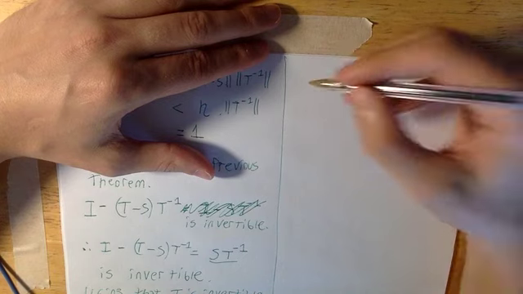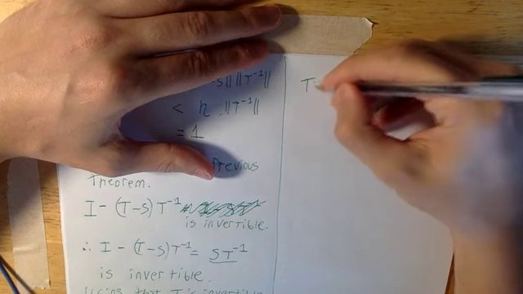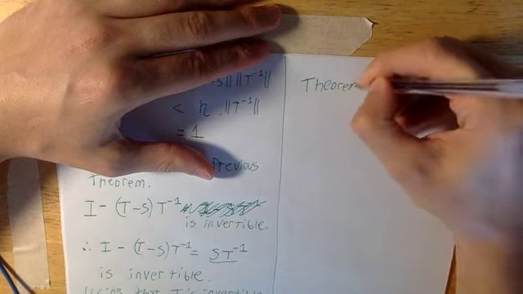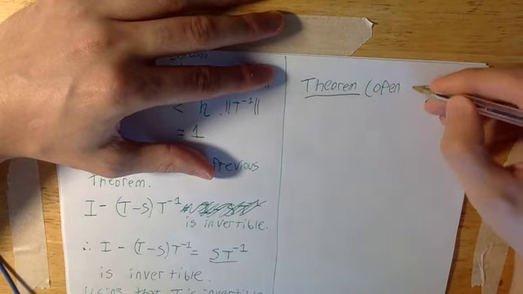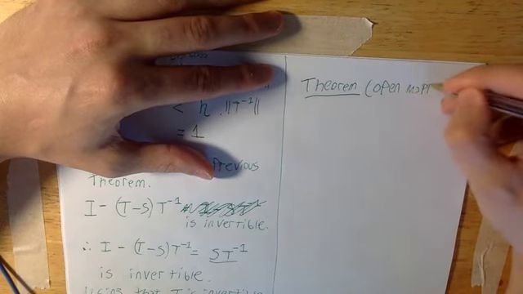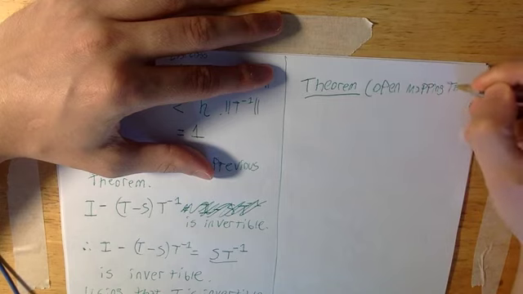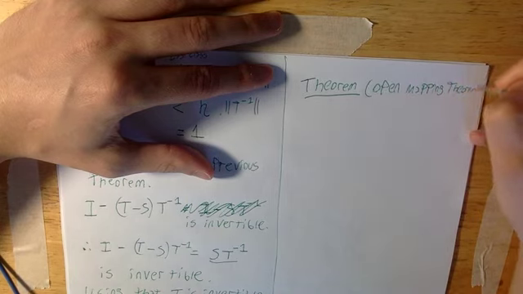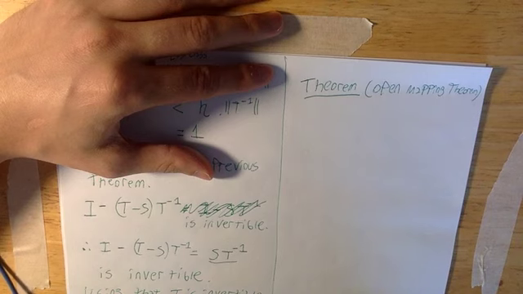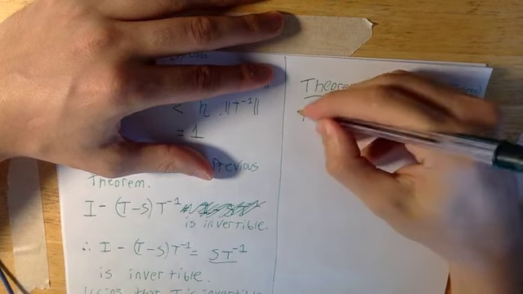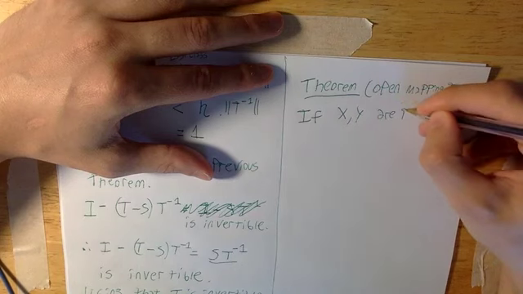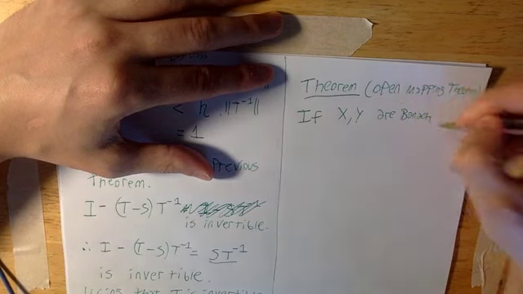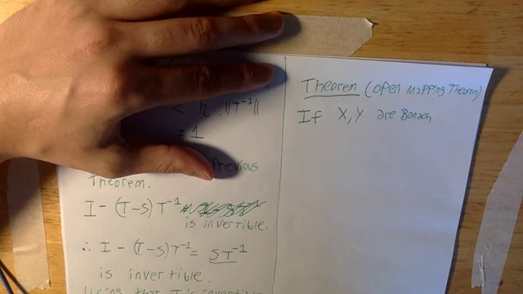This is called the open mapping theorem. And I think this is one of the main results of functional analysis. So what does the open mapping theorem say? If X, Y are Banach, and you can actually reduce this condition a bit.